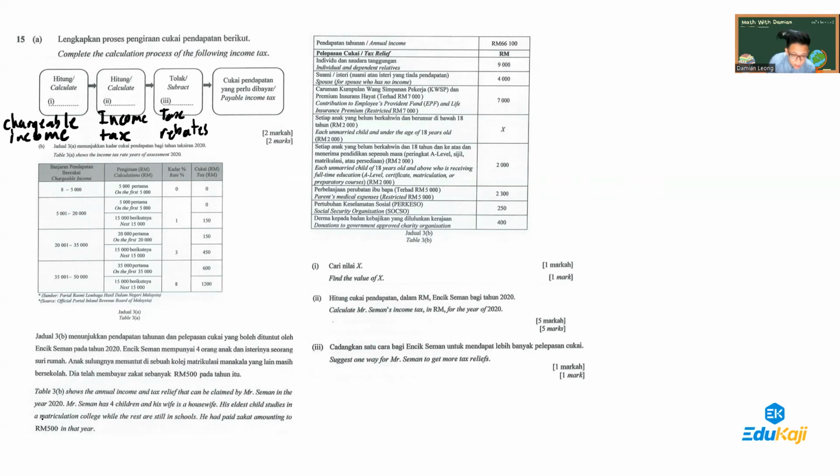His eldest child studies in a matriculation college. The rest are still in school. In college, so should be above 18. So for this person, the X value should be the 3 children below 18 times 2,000 each, which means 6,000 ringgit.